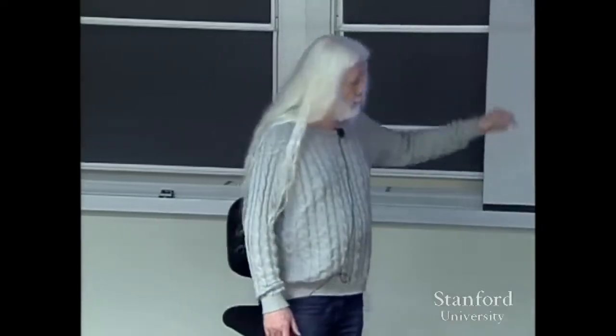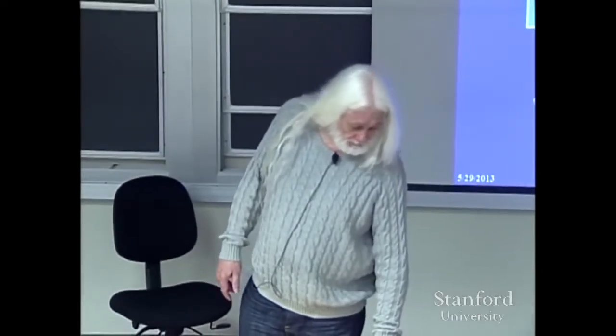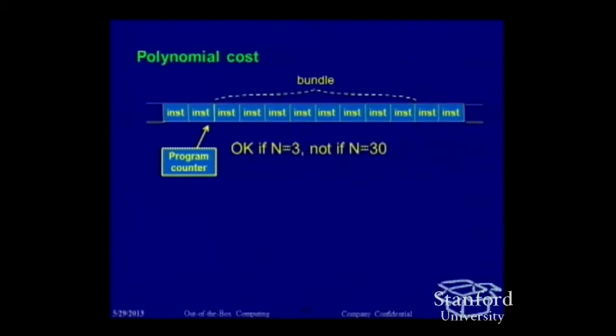We also need to be able to find the start points of each of the instructions within the bundle. That has polynomial cost. And indeed, this is why Intel is not able to get more than 4. Well, polynomial is not fine if n is 3, but it's not very fine at all if n is 30.